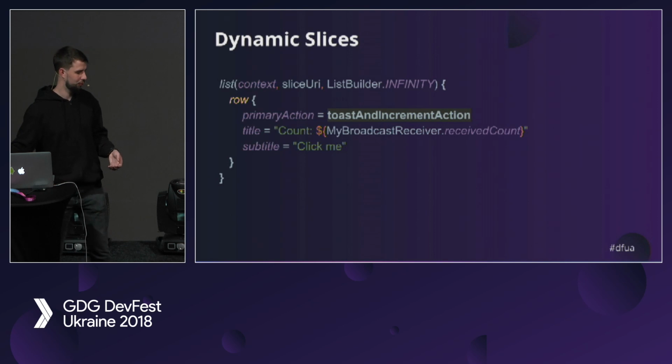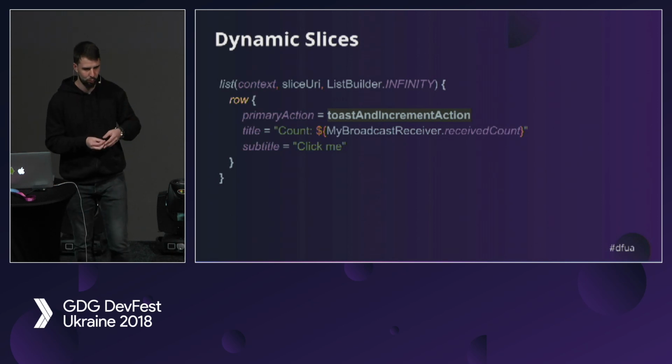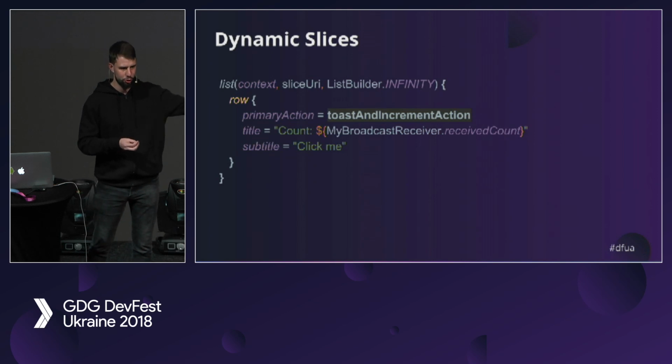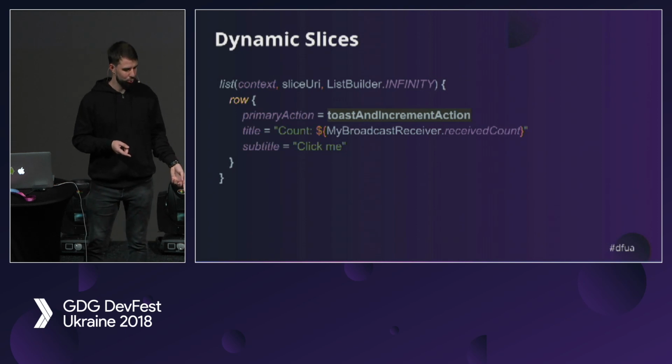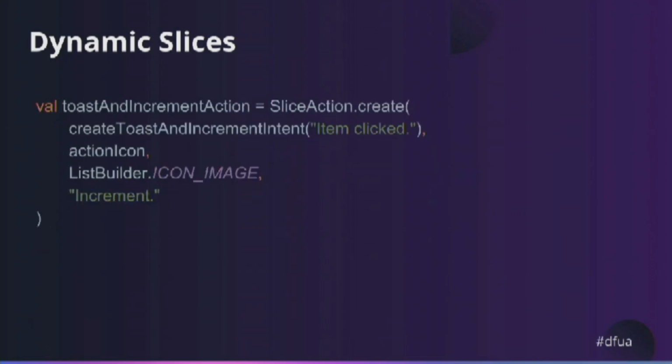For example, we have another action which will push some data to the broadcast receiver. The broadcast receiver will change data and notify back our slices. And we need to implement this action. The action here is just a kind of pending intent, but with additional metadata like title and some icon if needed.